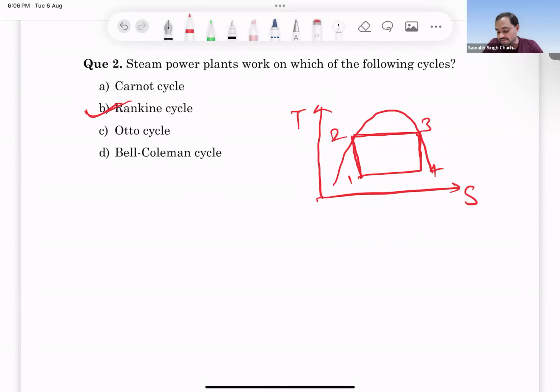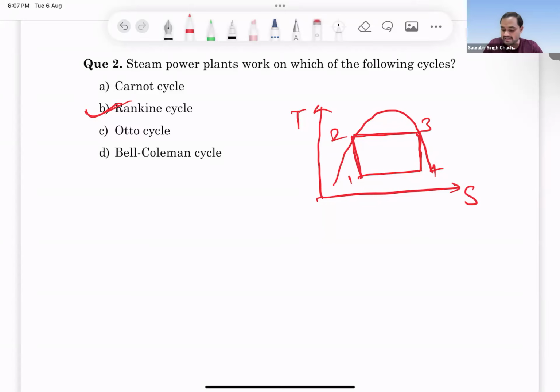So the pump again will have to handle the mixture.